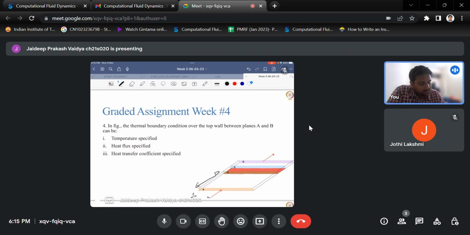We have a temperature control problem. What we are doing is we are maintaining the temperature at the top of the wall to be some particular T naught. This is one way to specify a reaction where we need to control or preheat the reactants that are entering, or control the temperature in the area between A and B.